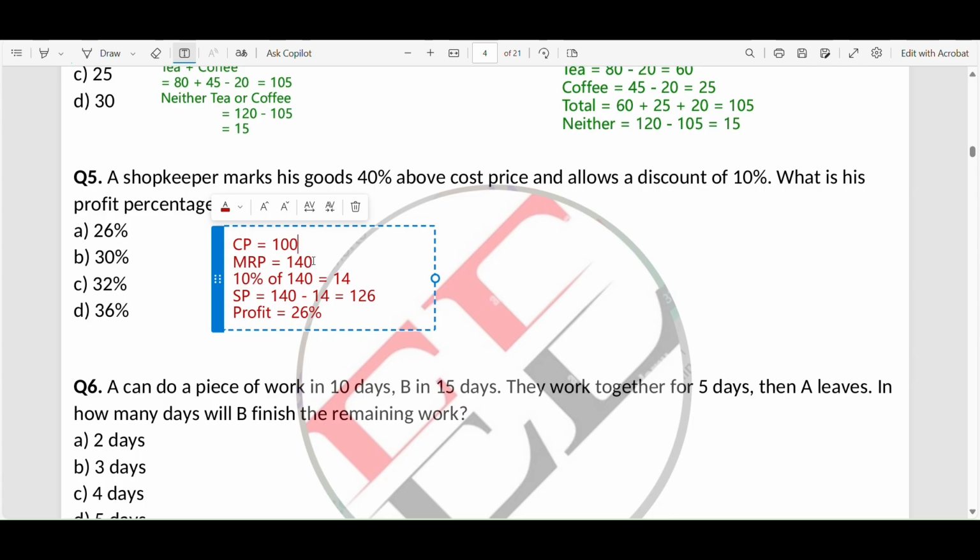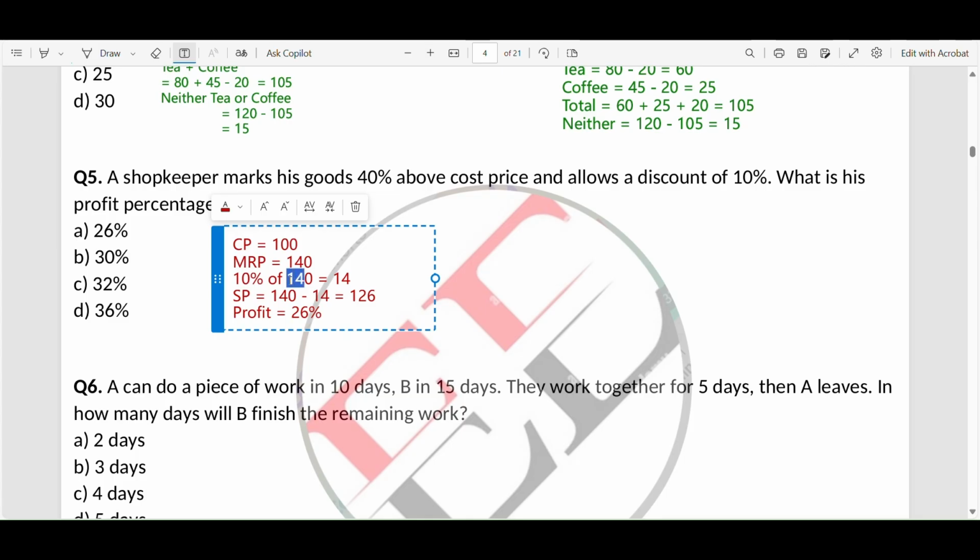That is the MRP. And he allows a discount of 10%. 10% of the MRP he will remove. He will give discount. So we have to find out what is 10% of 140, right?